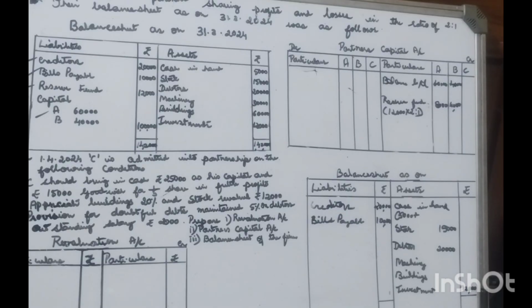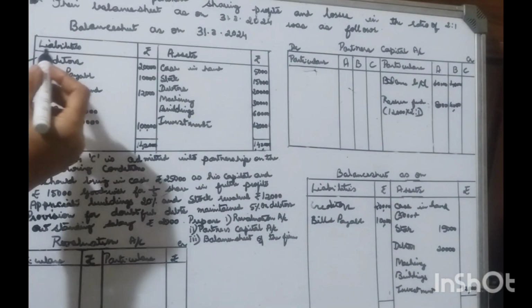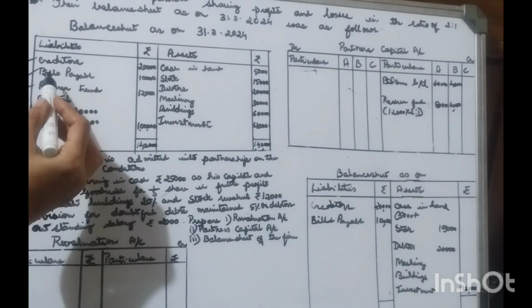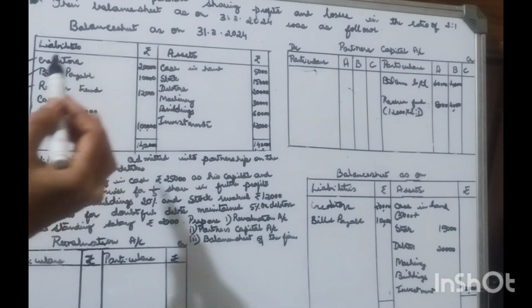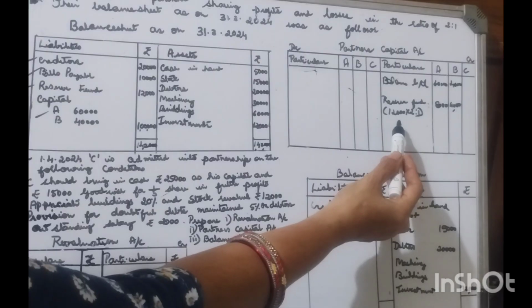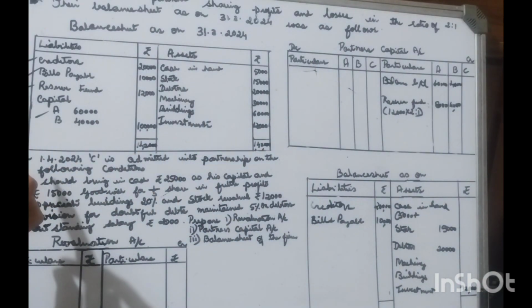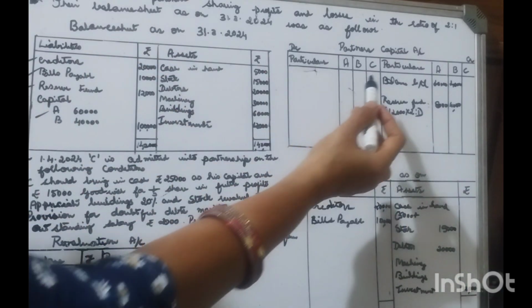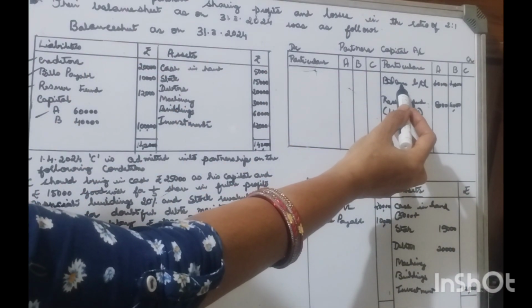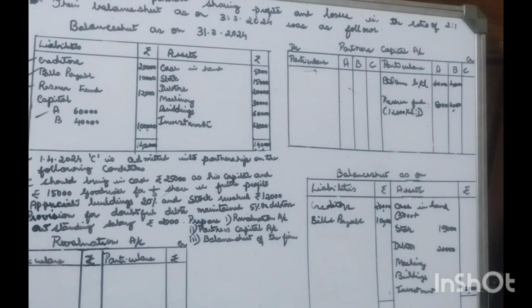So which are the entries that have to be made? That is clear. Creditors, liability side; bills payable, liability; reserve fund has to be distributed among old partners only in the ratio of 2:1. Capitals given are recorded as balance brought down in the partners capital account, and only old partners' capitals have to be considered.